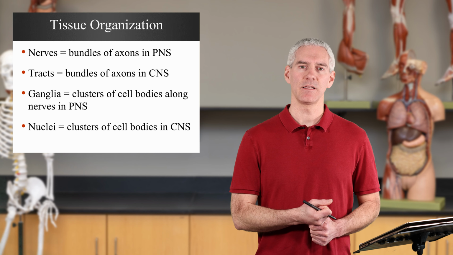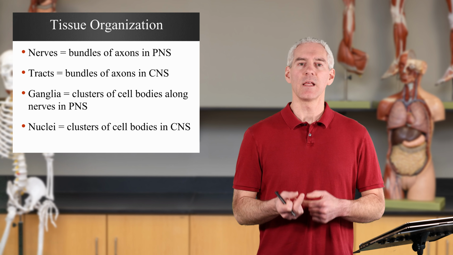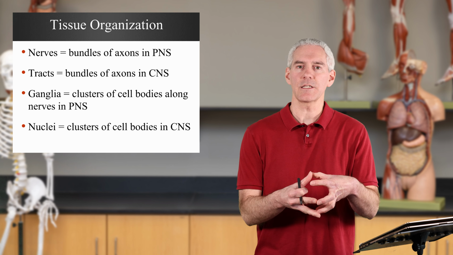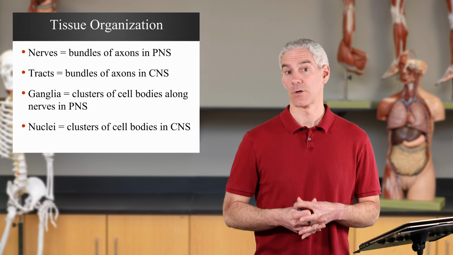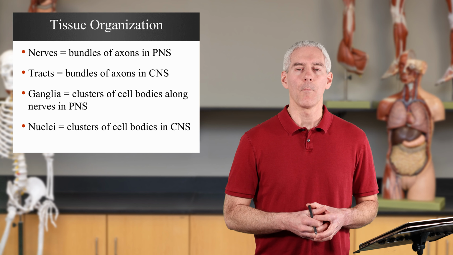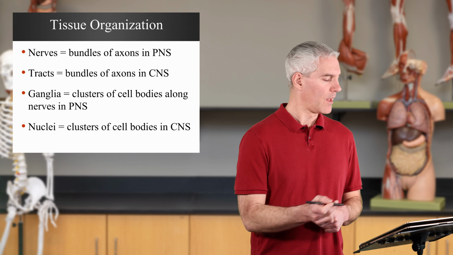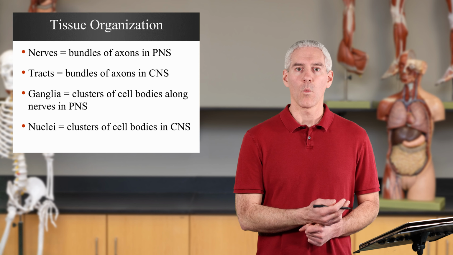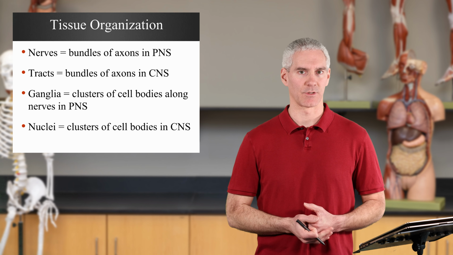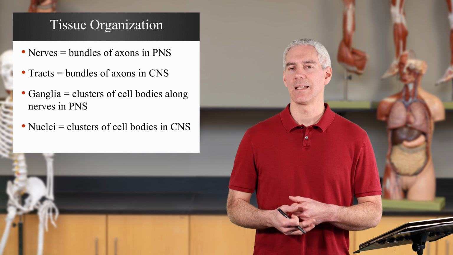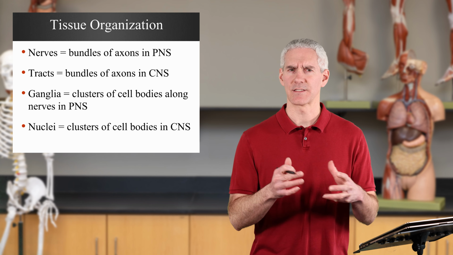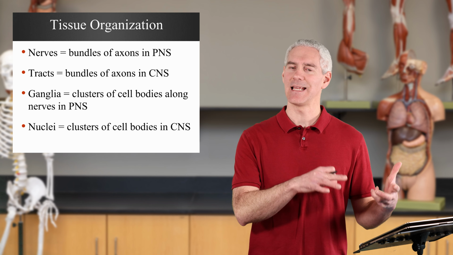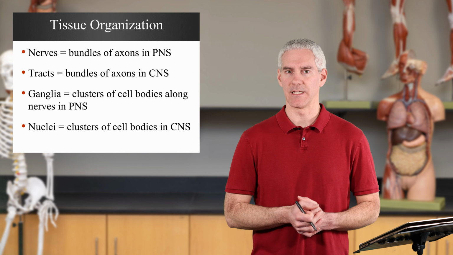Same thing with ganglia and nuclei. Ganglia and nuclei are both clusters of cell bodies, so neuron cell bodies, but it depends on location. You'll see the ganglia here is in the peripheral nervous system, while you have the nuclei in the central nervous system. Now, I know you might be thinking, hold on, nuclei, that's the nucleus of a cell. Yes, but we're using a different meaning here.